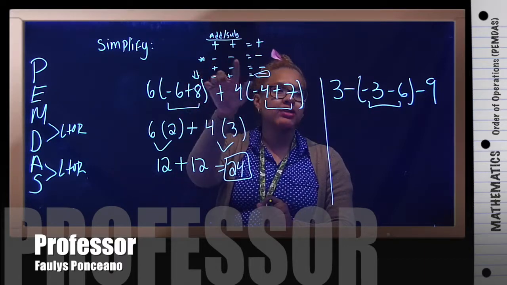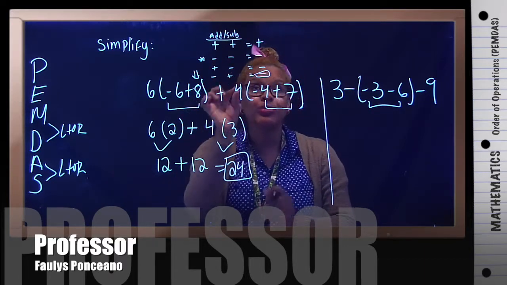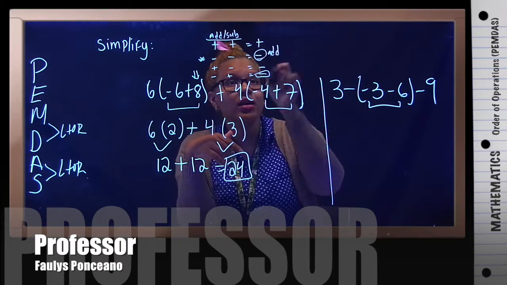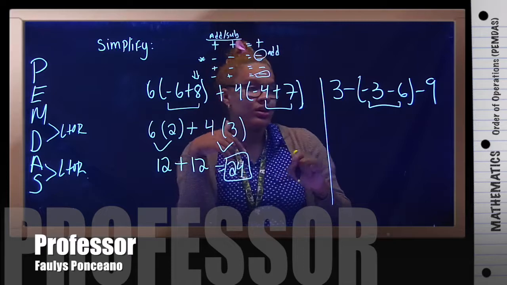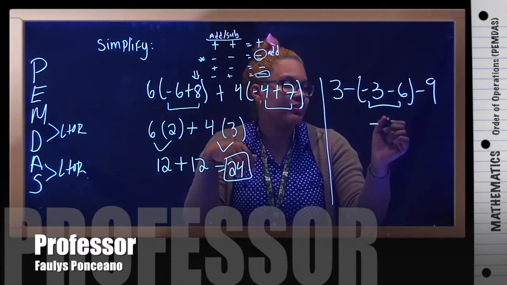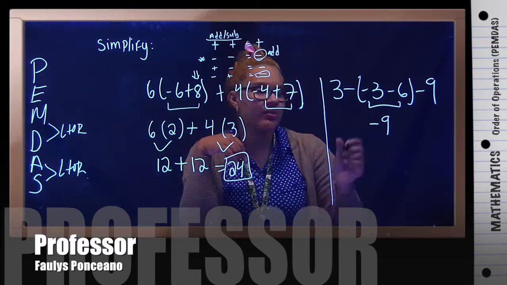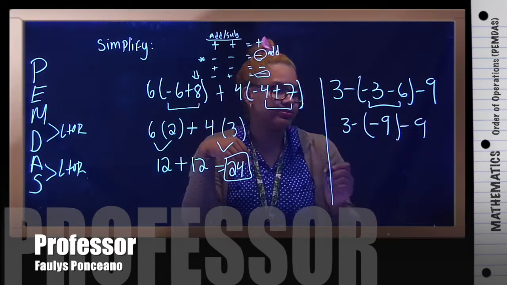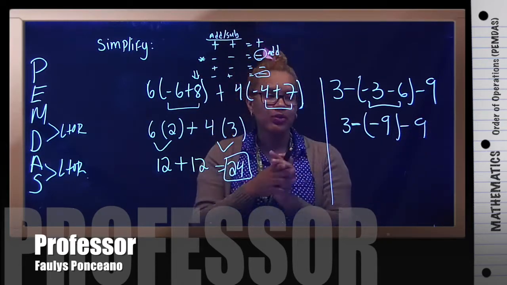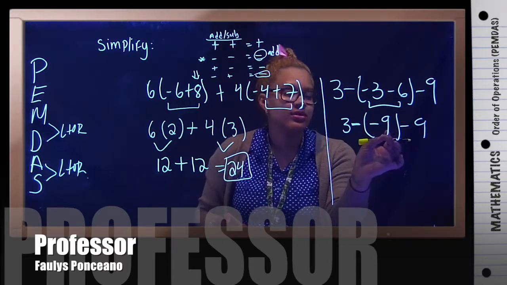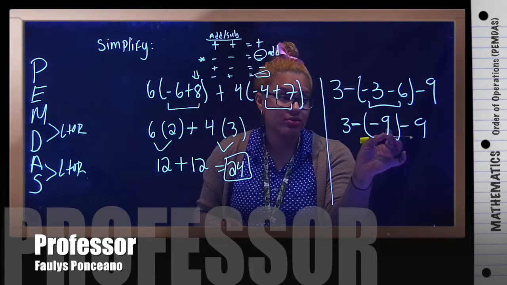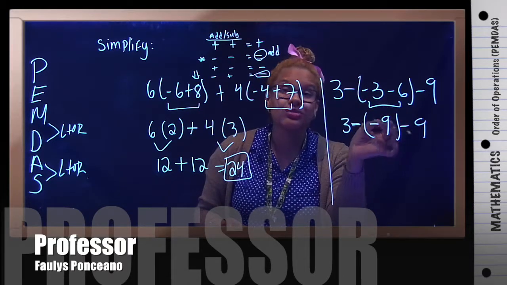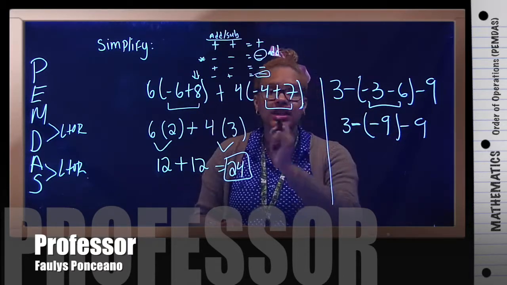So negative, negative, I'm going to add, but my sign will be negative. So in this case, I have negative 9. I'm going to bring everything else down that I didn't use. Now, inside the parentheses, do you have an operation? No. No adding, subtracting, multiplying, or dividing. It's just negative 9.